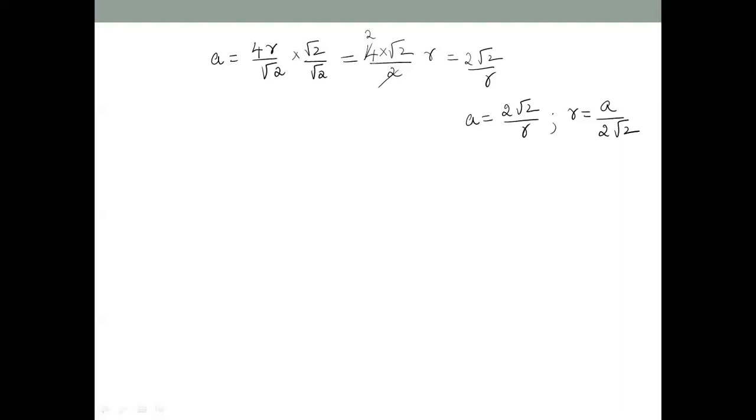Yes, now we know that the packing efficiency is nothing but, we know the formula, right? Volume of 4 atoms here, because we know that in FCC, what is the total number of atoms per unit cell? It is 4, right? Because we have the atoms at the centers of these faces.